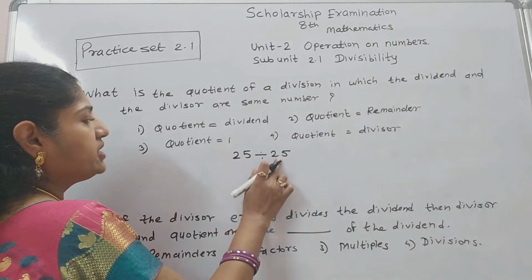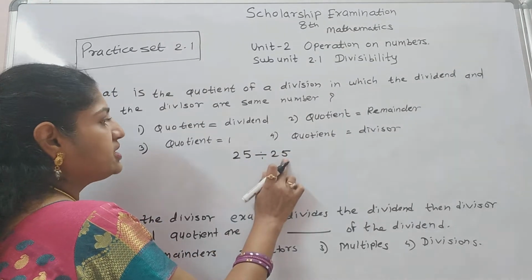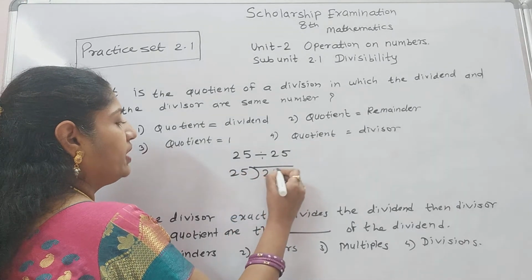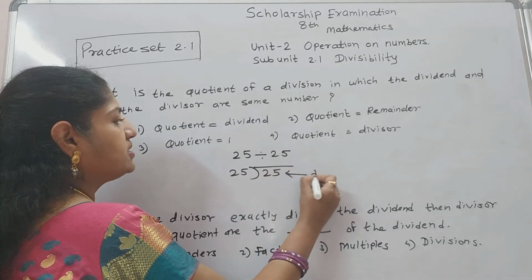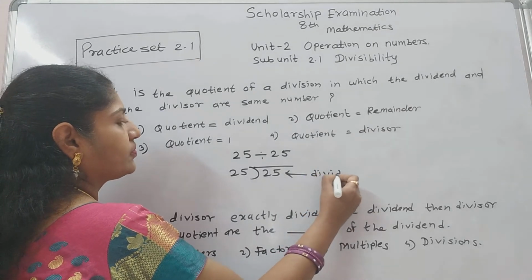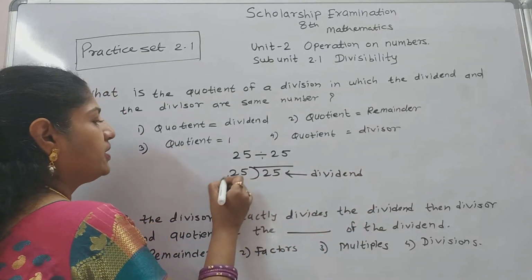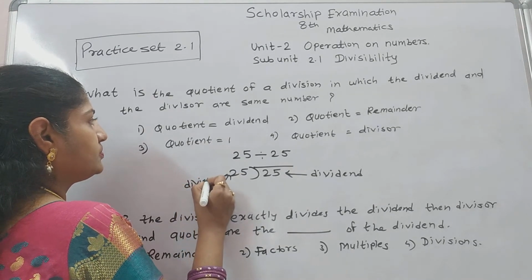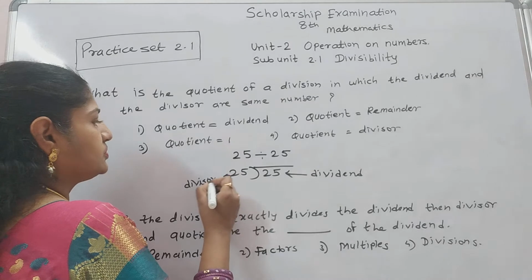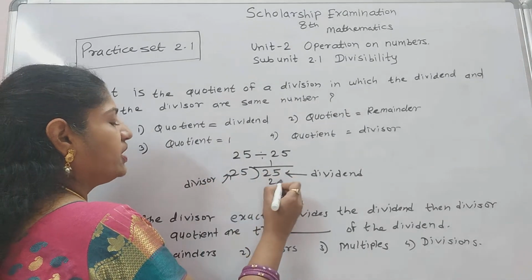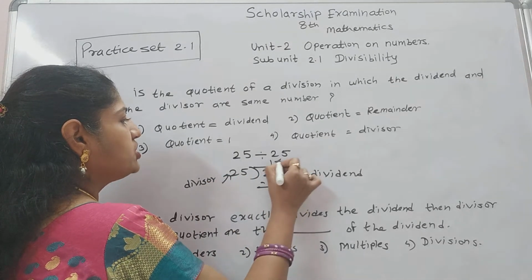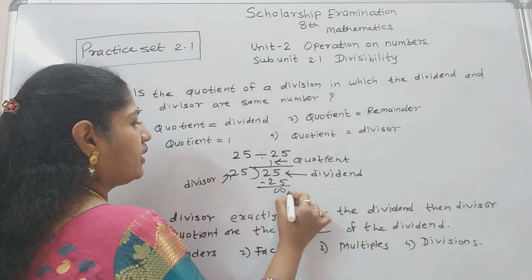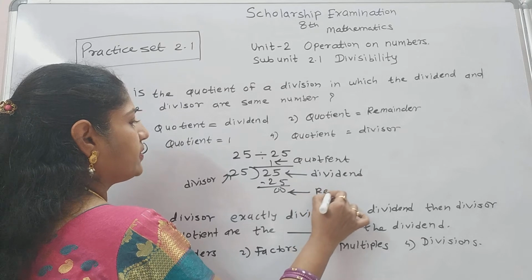Here the dividend is 25 and the divisor is 25. Twenty-five ones are 25. Now 1 is the quotient and 0 is the remainder.